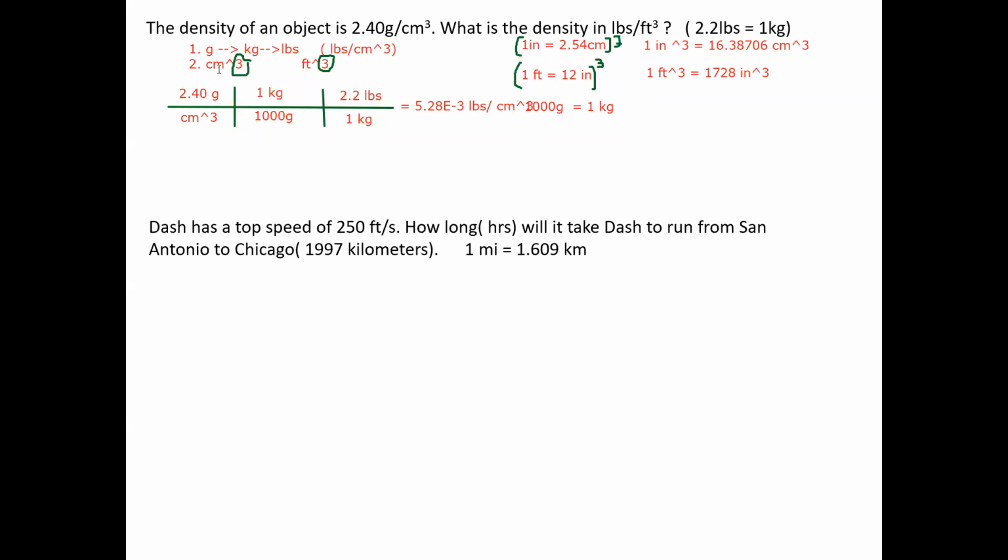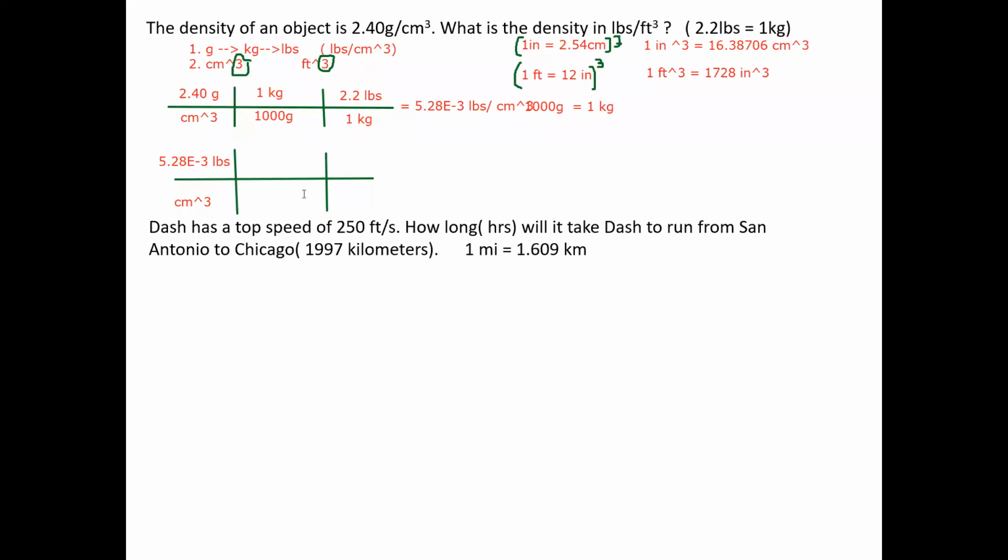So that's step one. Now, step two, we want to convert the denominator. So again, we're going to set up our train tracks. We're going to use the number from step one and then convert the denominator. So we have 5.28 e to the negative 3 pounds per centimeter cubed. Now, since we're converting the denominator, we've got to think backwards.